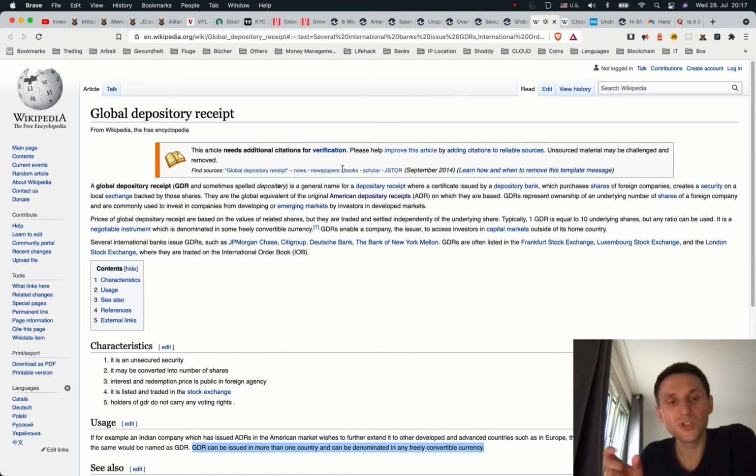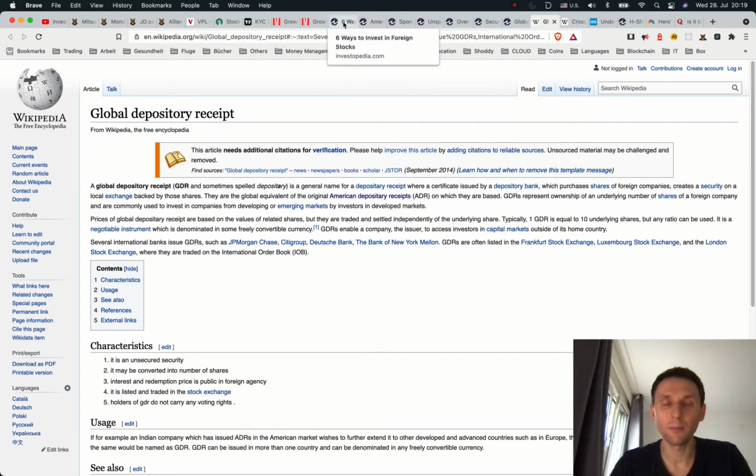And with GDR you can choose between individual listings. For example, if this Indian company just wants to be listed in Germany, this company creates a GDR for Germany, and shares of this company will be traded in euros. Whoa, it was a lot of information.